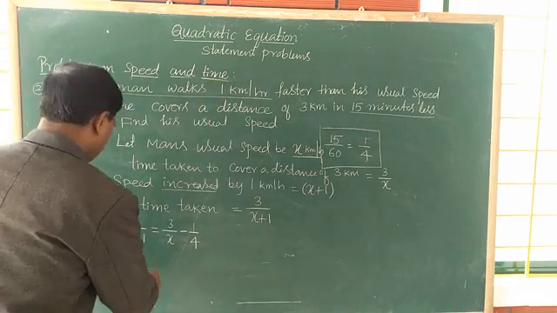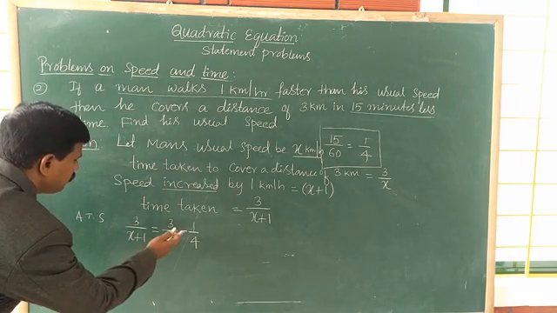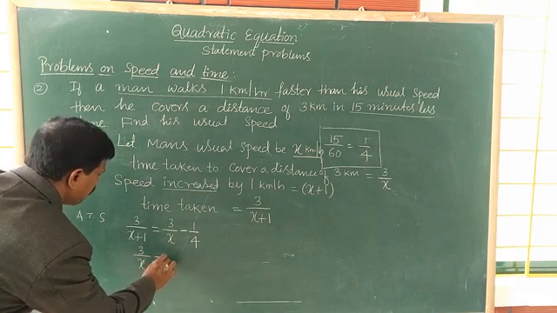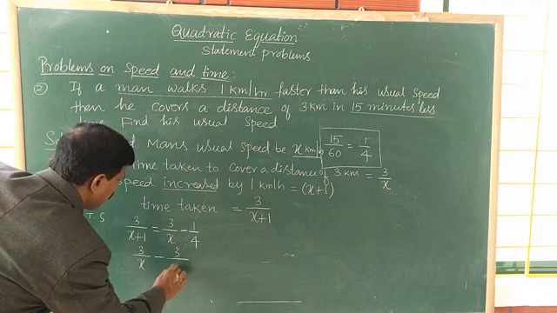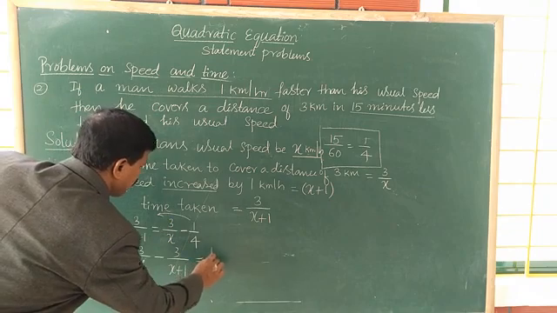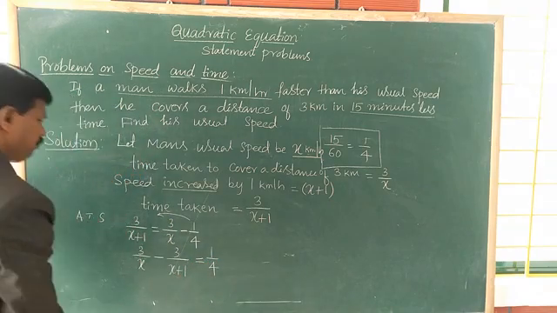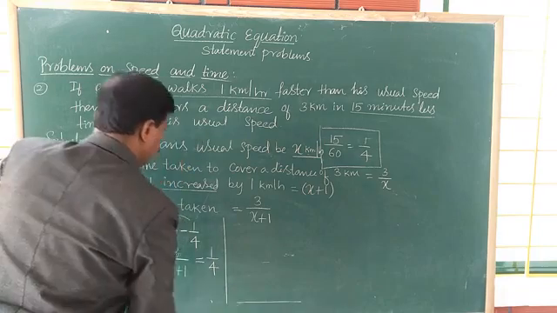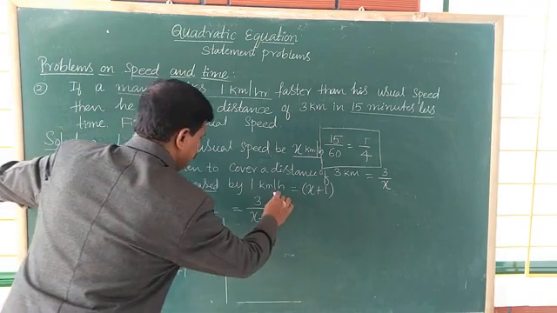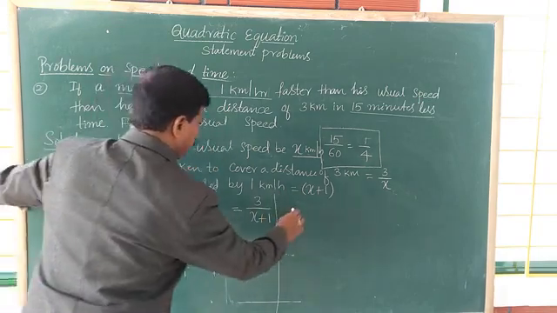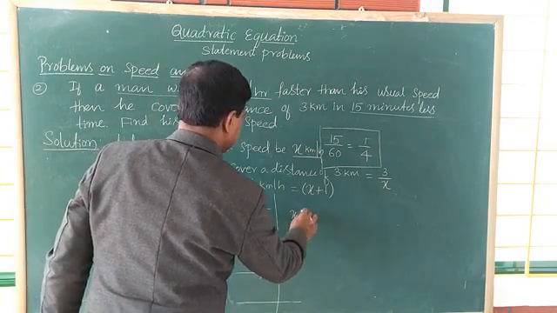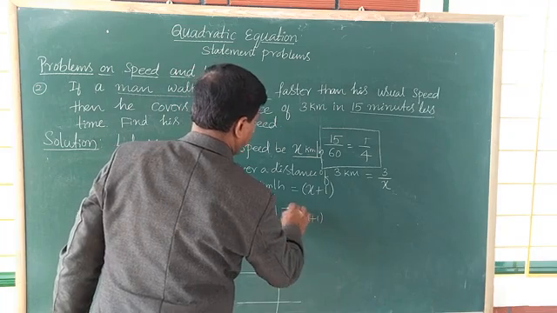Okay, now shift this one to that side. So it becomes 3 by x minus 3 by x plus 1 is equal to 1 by 4. Now, taking LCM, x into x plus 1.